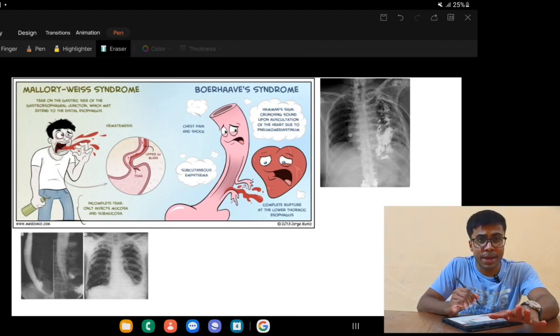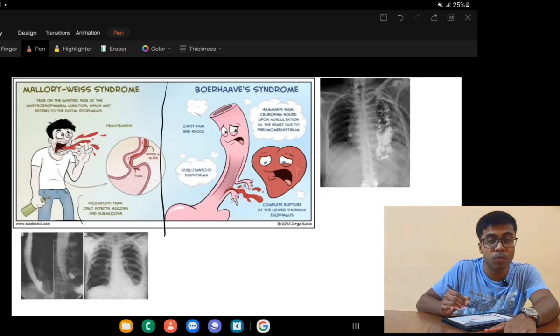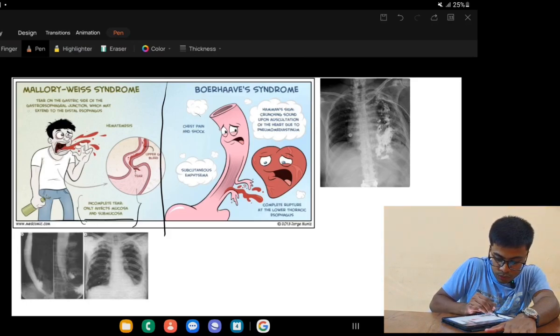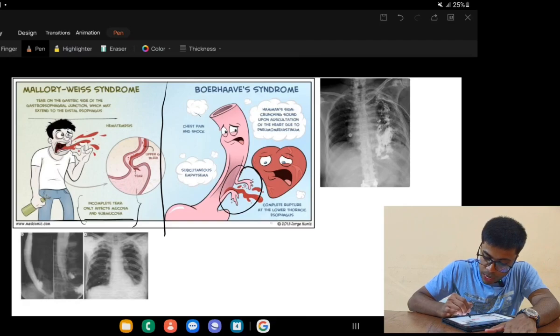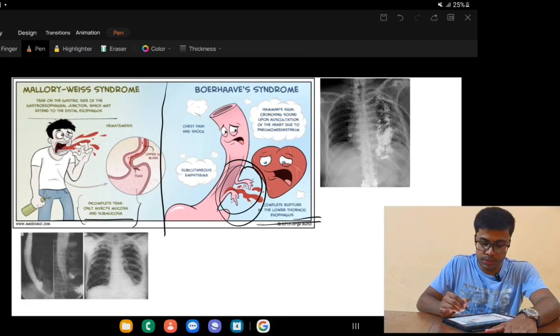Mallory-Weiss is just an incomplete tear, only affecting mucosa and submucosa, specifically at the gastroesophageal junction, extending to the distal esophagus. In Boerhaave, there is a complete rupture at the lower thoracic esophagus.